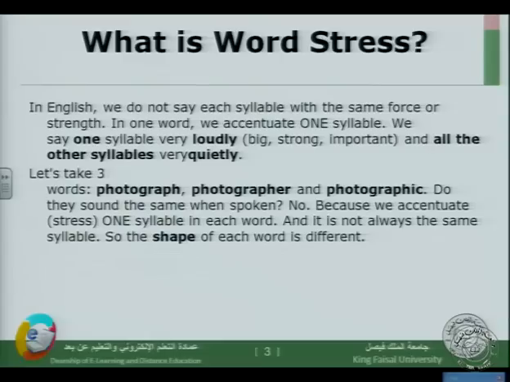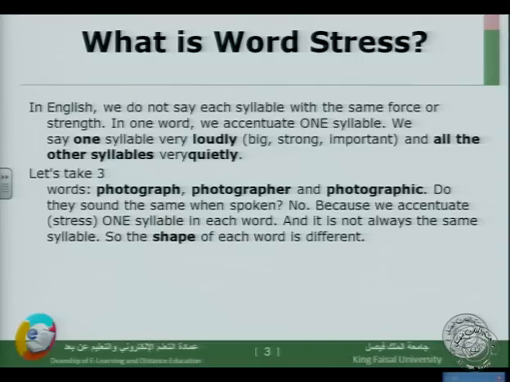In the final test, I will ask you where the right stress is in each of the following words. Which part of the word is stressed in English? So you need to memorize all of these rules and try to apply them. Try to go to the dictionary to find more words and vocabulary, and then try to put the stress on the right syllable.